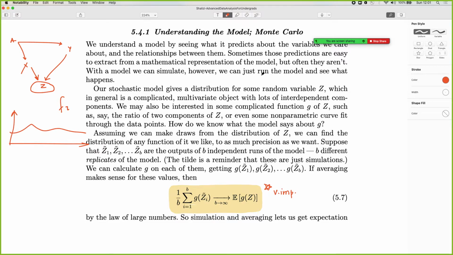We understand a model by saying that it predicts what variable we care about. We can simulate the model and run it, and we may also be interested in some functions.